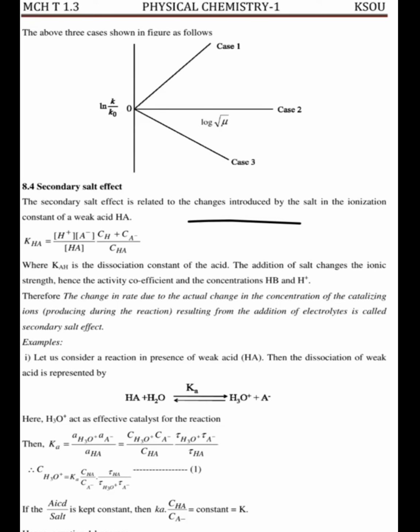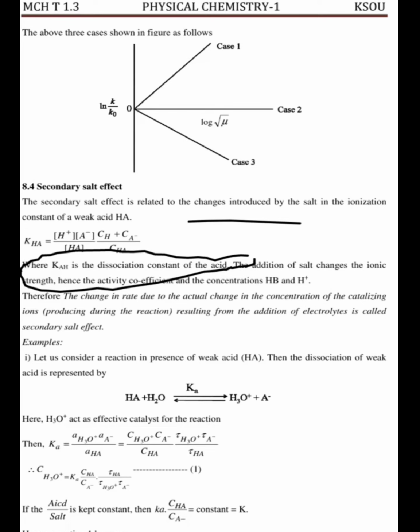So KAH, that is the dissociation constant of the acid HA, can be represented as the acid dissociation constant. The change in rate is due to the actual change in concentration of the catalyzing ions.